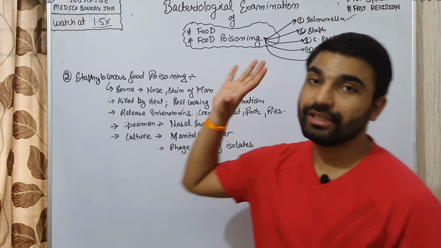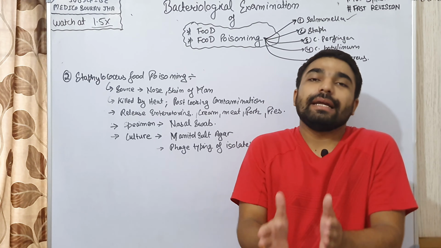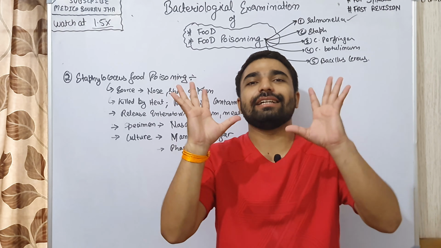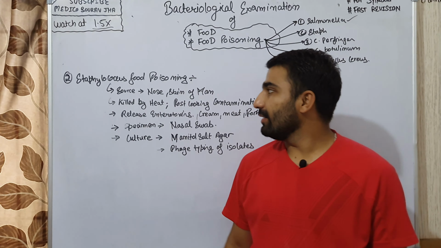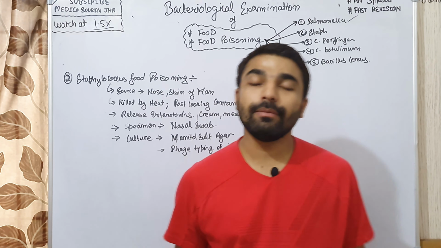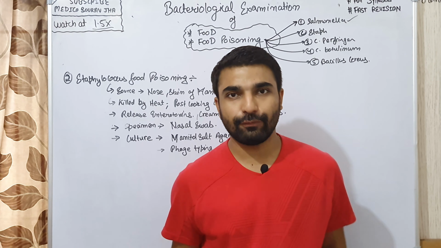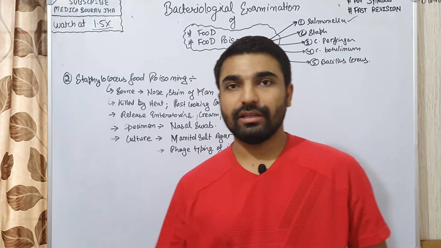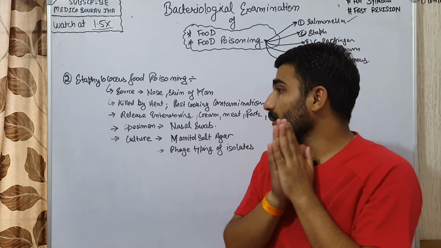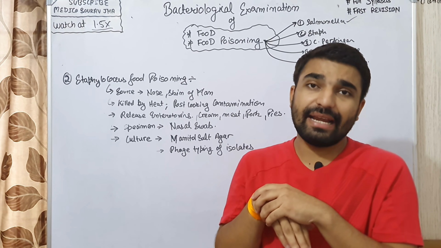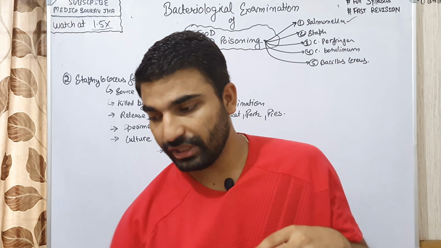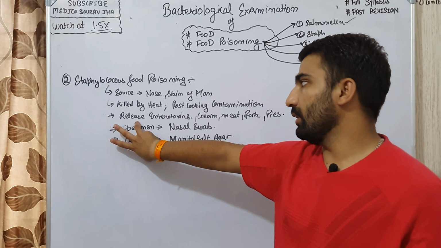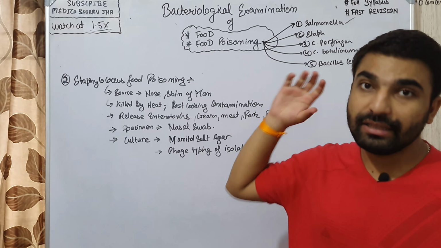Post cooking contamination can happen. It is not alive when it is cooked because the heat kills it. Then the contamination can happen post cooking. After cooking the food, the food is left open here and there, and any kind of infected hand going in there and touching can contaminate the food and release enterotoxins in that food.